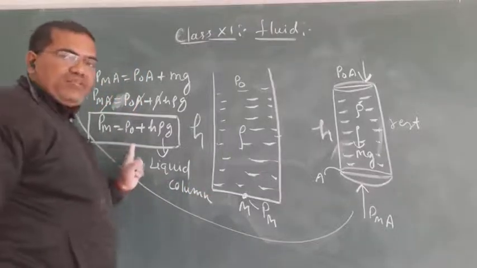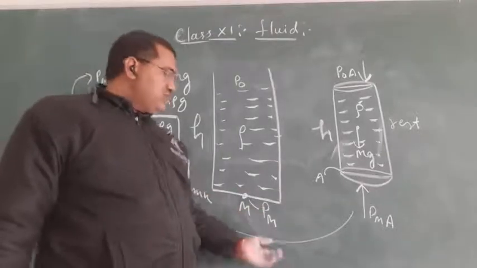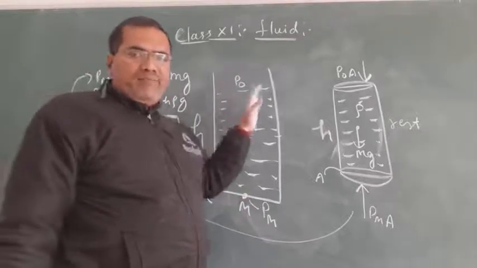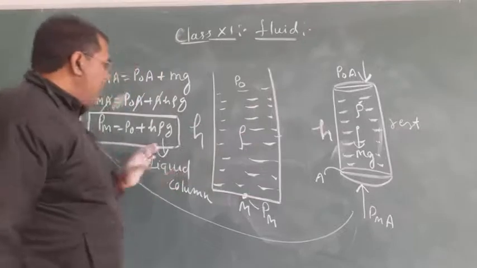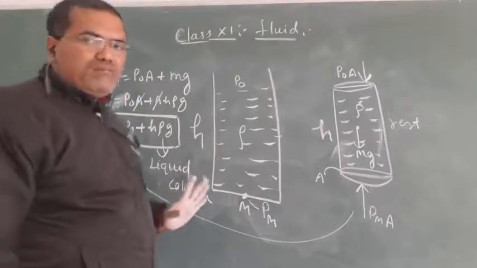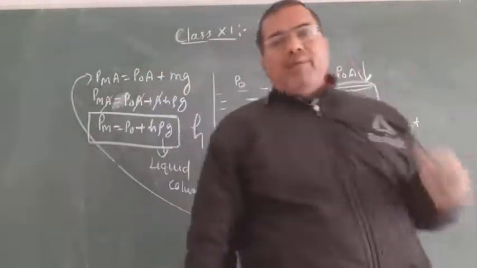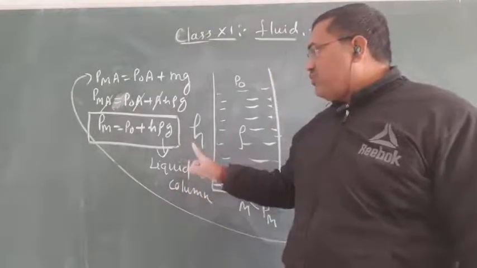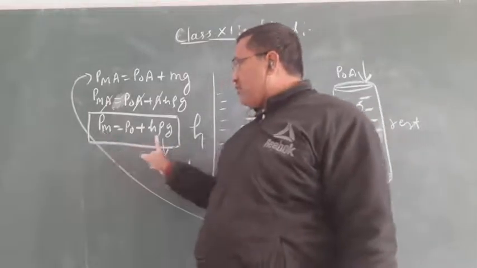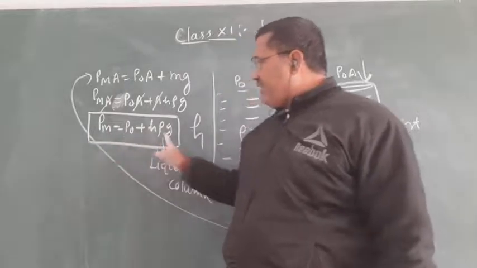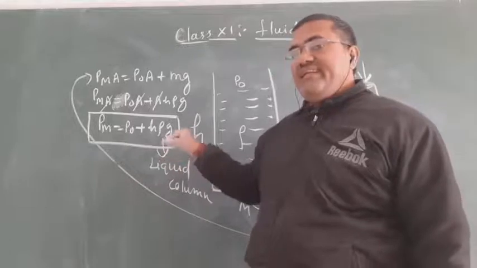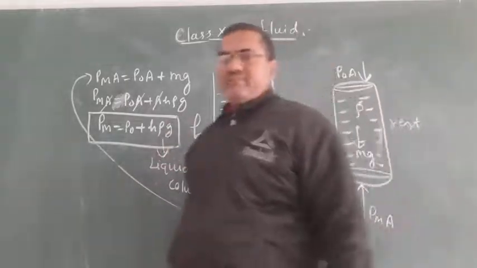The total pressure at the bottom is atmospheric pressure plus the pressure of the liquid column. Pressure varies height-wise; this is a linear equation, so pressure varies linearly with height.